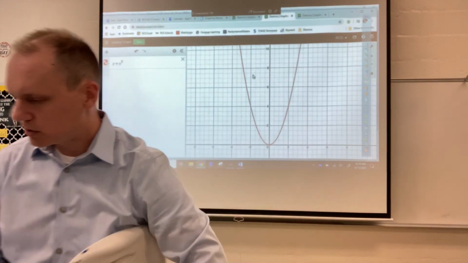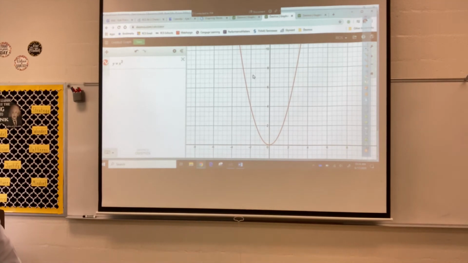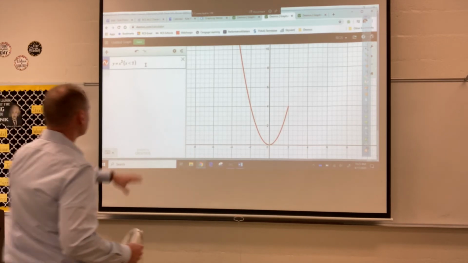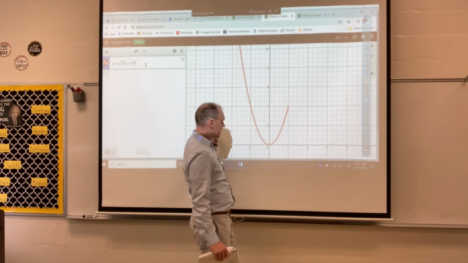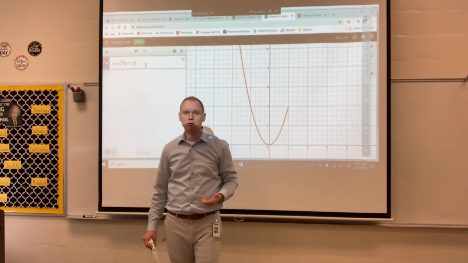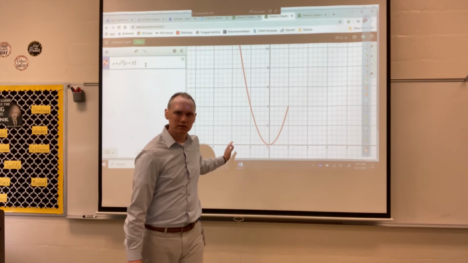So you'll type in next to the function the curly brace followed by the restriction. In this case, I'll do x is less than 2, and then close your curly brace. So you can see that the graph is restricted to only being shown between negative infinity and 2. So it's restricting the domain to all x values less than 2.